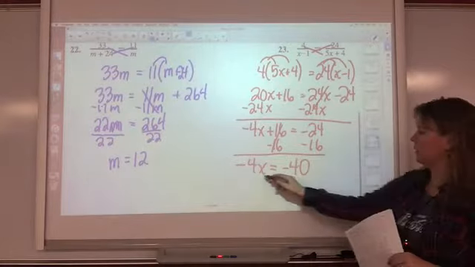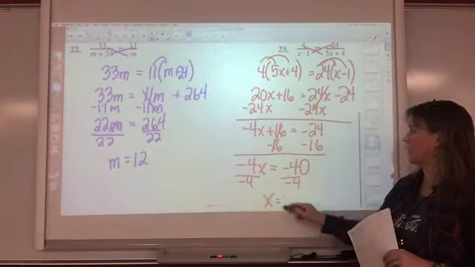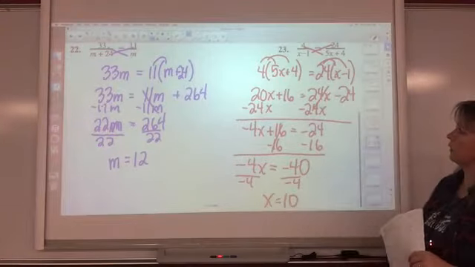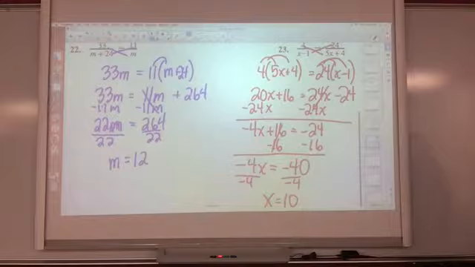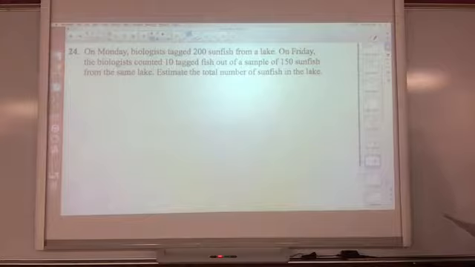One last step. If you divide by negative 4 on both sides, you get x equals 10. That's a long one. Slow down, take your time, don't lose your negatives. Again, pause the video and work through it on your own instead of just watching me do it.